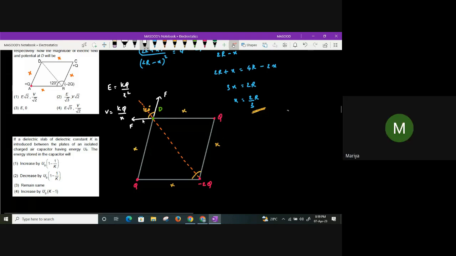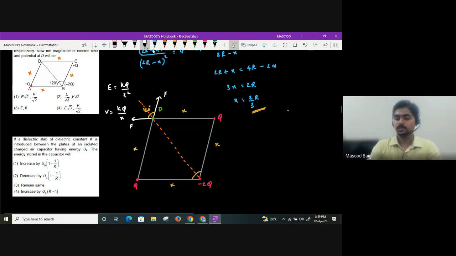Yes, Siddhu. Right. Now what will be the resultant, guys? The resultant of these two forces only I want. Will the resultant of these two forces be under root of f square plus f square plus 2 into f into f into cos 120? Yes or no, guys?